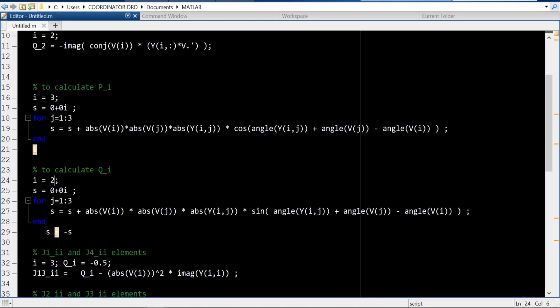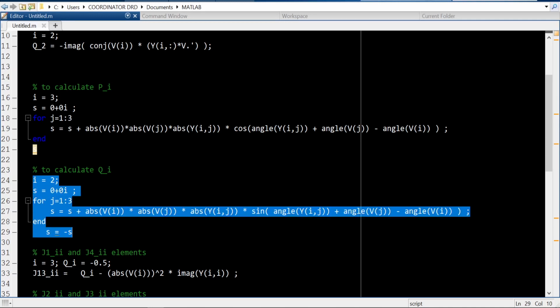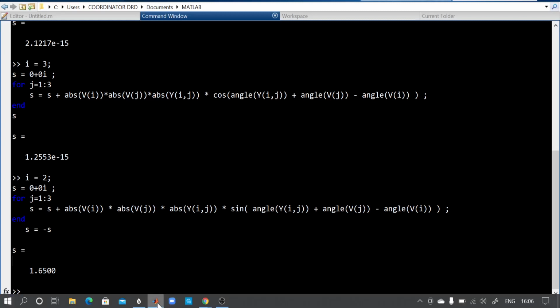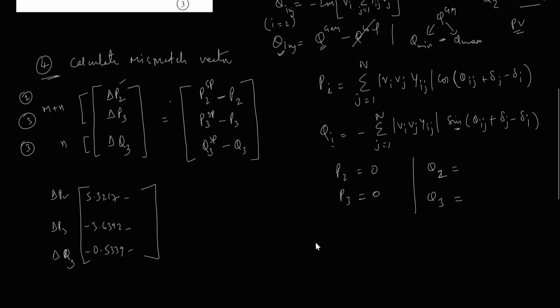Now I am putting i equals 2, that is Q2. At the end I am taking S equals minus S, because I want minus of this value. If I run this, I'll get Q2. Q2 is 1.65 in per units.